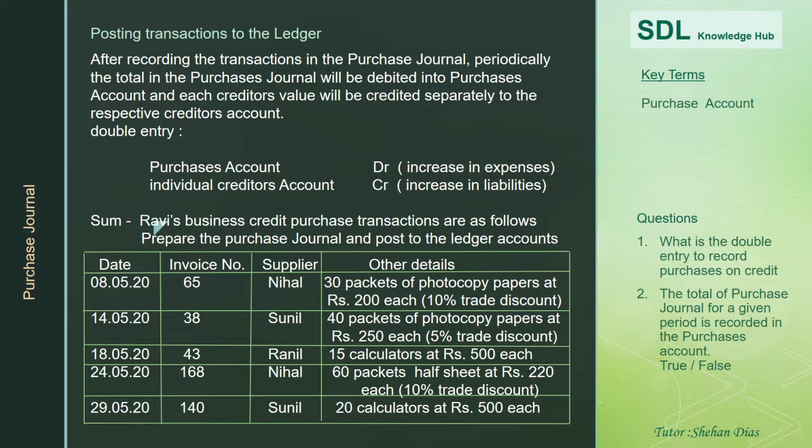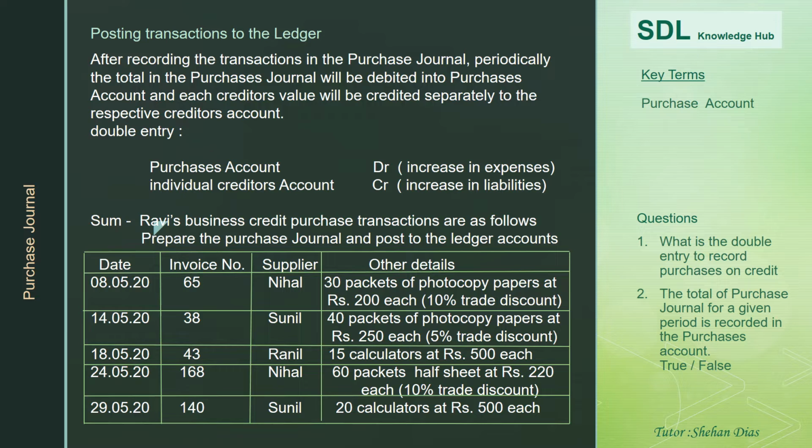Posting transactions to the ledger. After preparing the purchase journal for a given period, these transactions will be added up in the purchase journal and periodically posted to the ledger accounts. The purchase journal is not a ledger like the cash book or the petty cash book or the bank account. It only serves as a prime entry book.